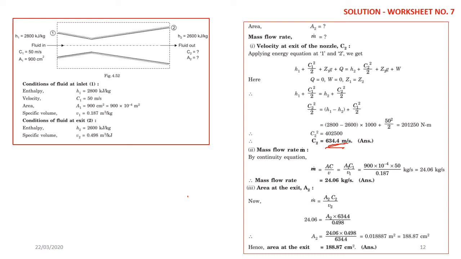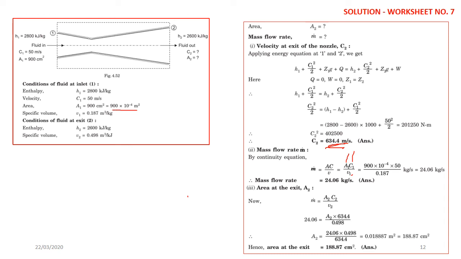Now for mass flow rate we discussed the formula before, right? Since specific volume is given, I can write the mass flow rate formula as A C by specific volume. At the inlet you have to write A1, C1, then V1 specific volume.